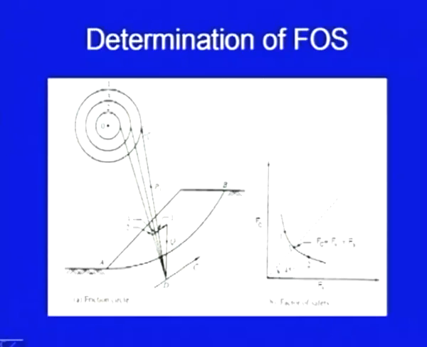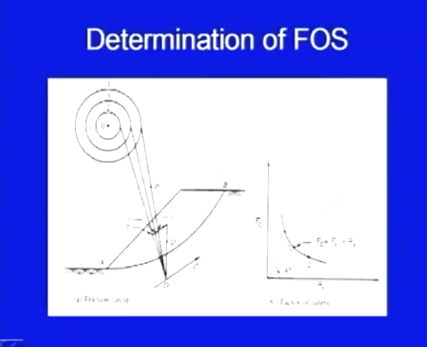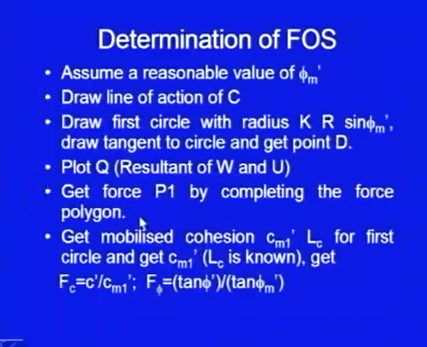We use any reasonable value and then draw the line of action of C. So, this is the line of action of C which we have drawn. This is the slope. We have calculated how far it is from this center, and the line of action has been drawn.